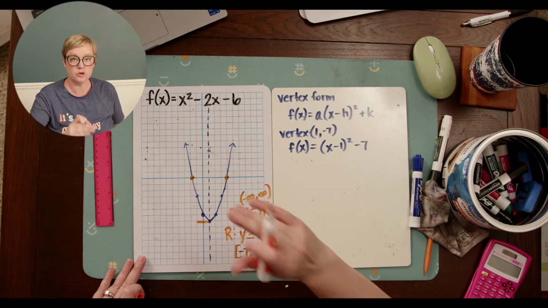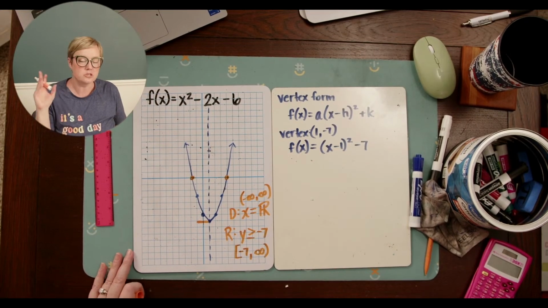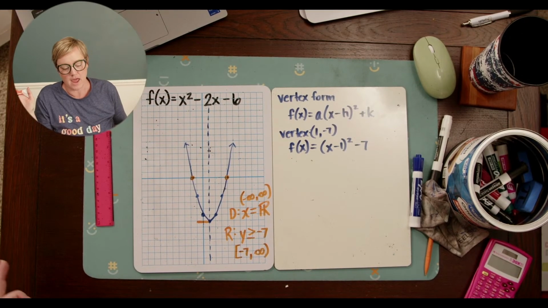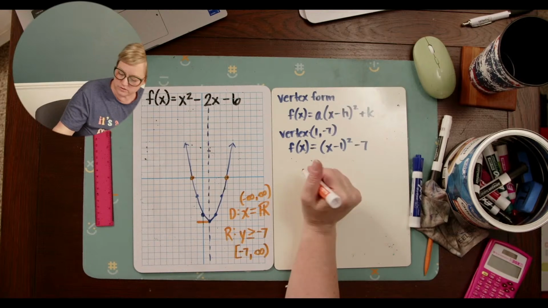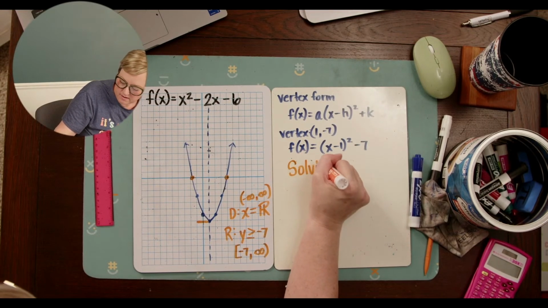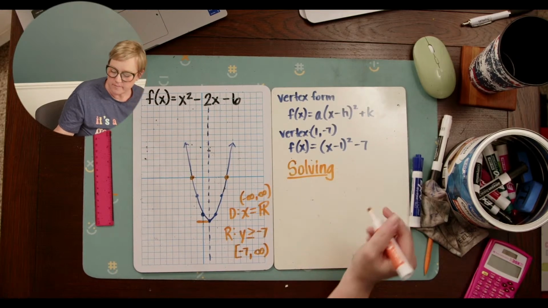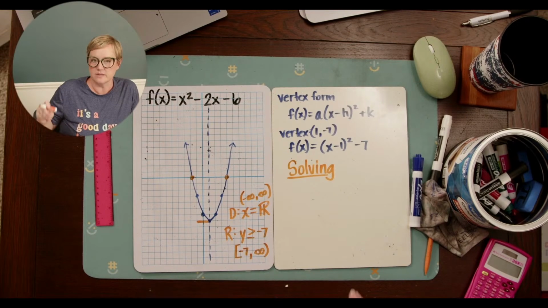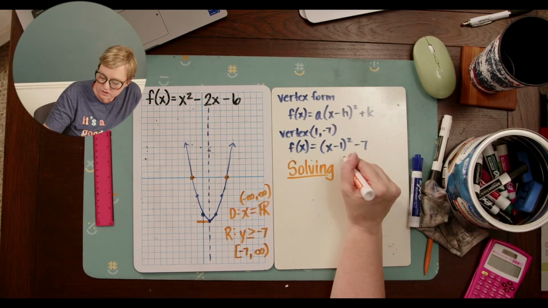Those are your roots, your solutions, your zeros, they're all the same thing. Solving means you're finding the x values where y equals 0. So solving is when y equals 0.